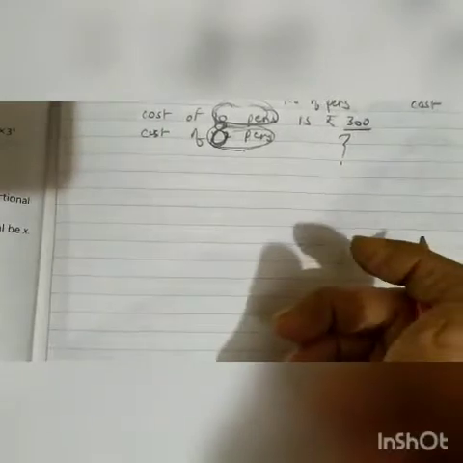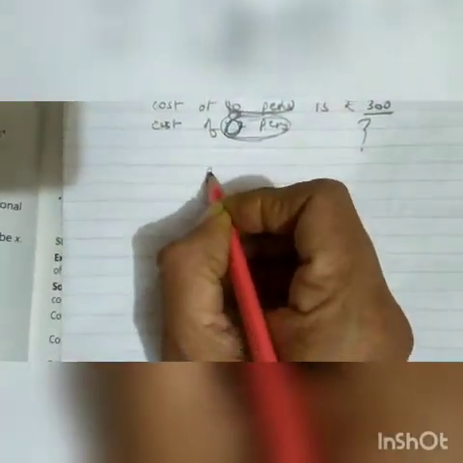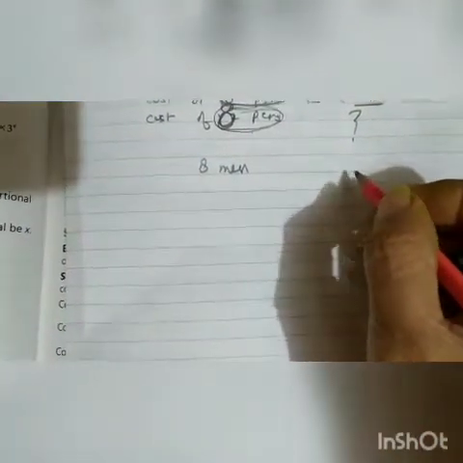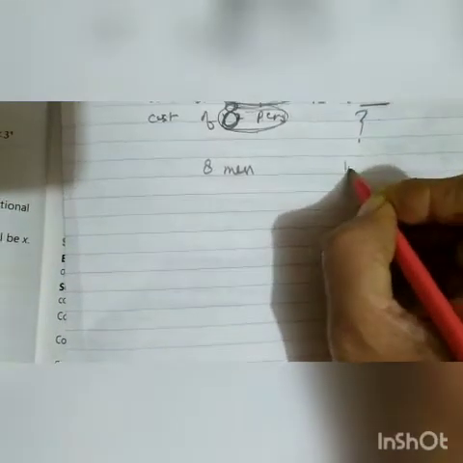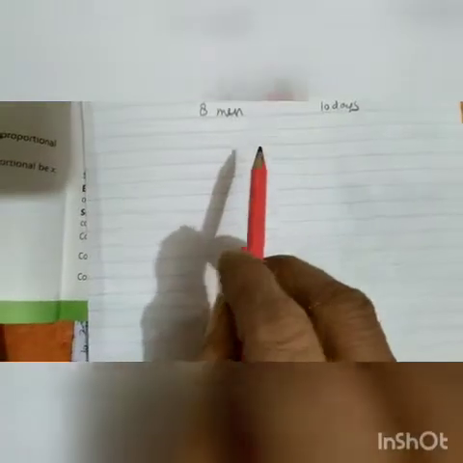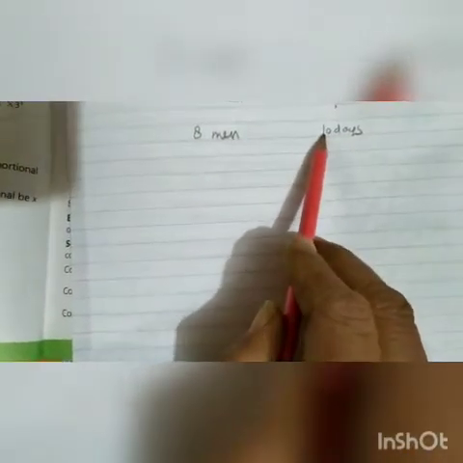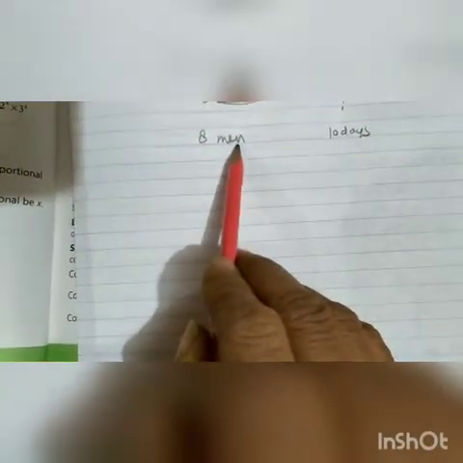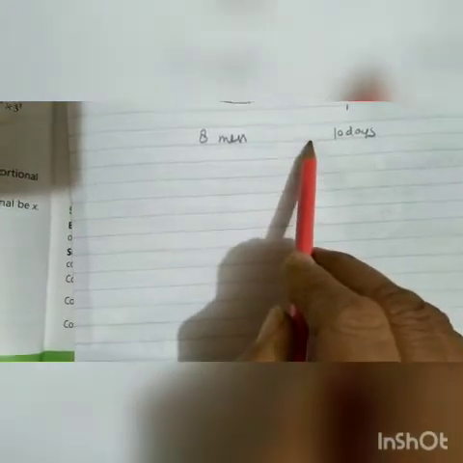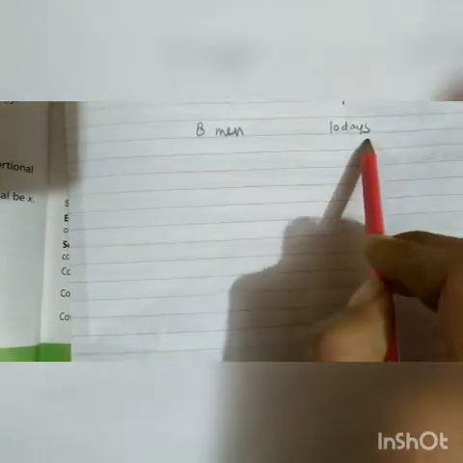Suppose I employed 8 men to whitewash my house, and they finished whitewashing in 10 days. How much time do they take? They take 10 days. 8 men finished whitewashing my house in 10 days.